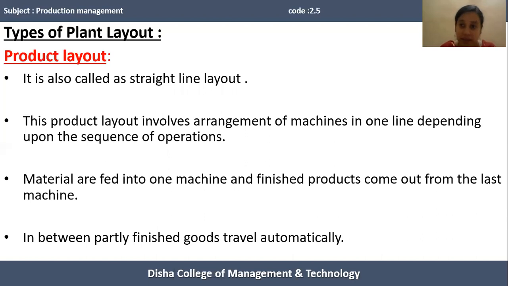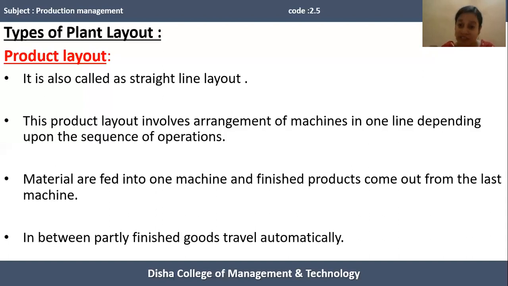Means in case of product layout, the different types of machines which are required for production have to be arranged in a straight line, in a sequential manner, so that the output of one machine can be used as input for another machine. And that straight line arrangement of machines is only meant for production of one product only.